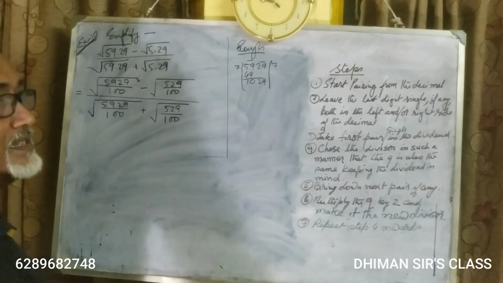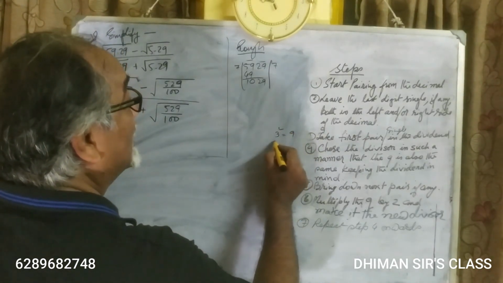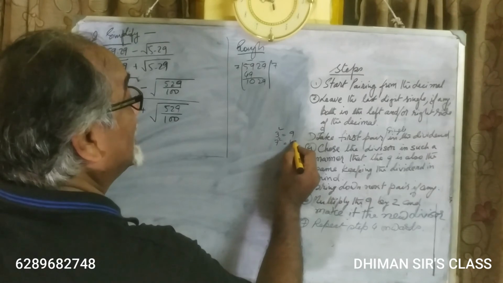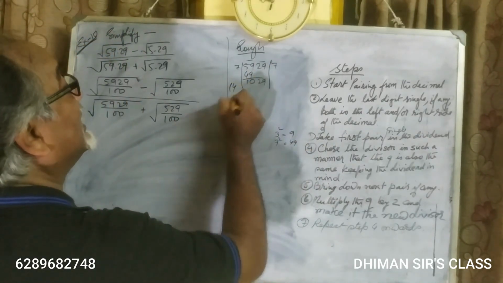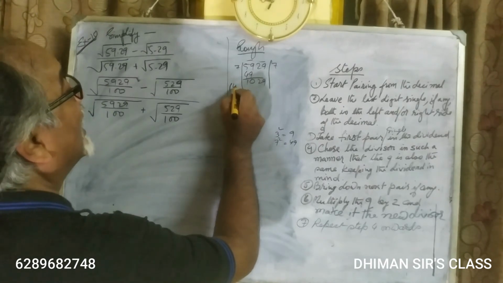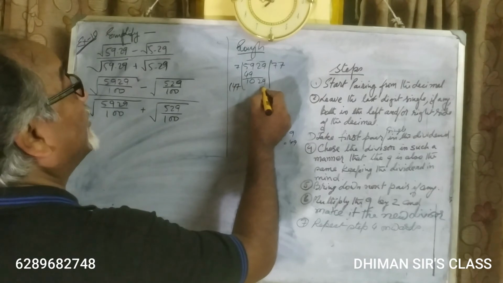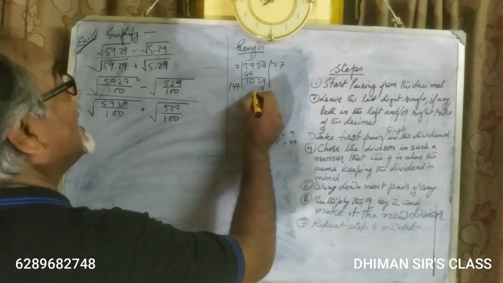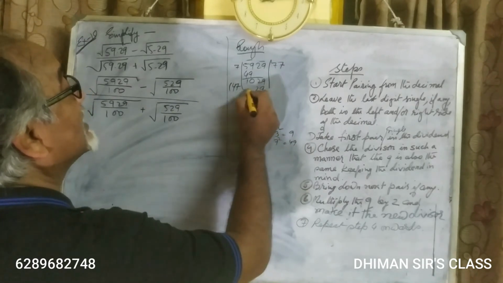Now the last digit is 9. So either 3 square is equal to 9 or 7 square is equal to 49. Last digit is 9. So 2 plus 2, 7 2s are 14. So it would be 7. Let us take 7. 7 7s are 49, carry 4, 7 4s are 28 plus 4, 32. Carry 3, 7 1 is 7 plus 1, 0.